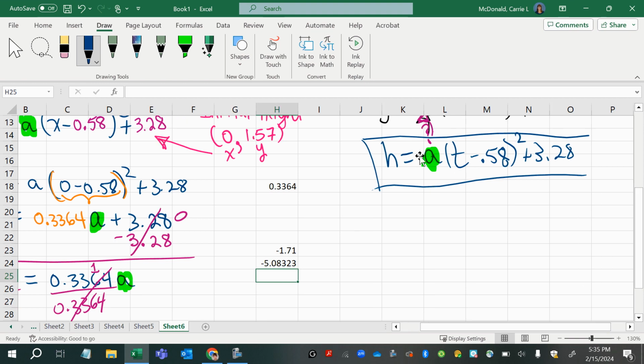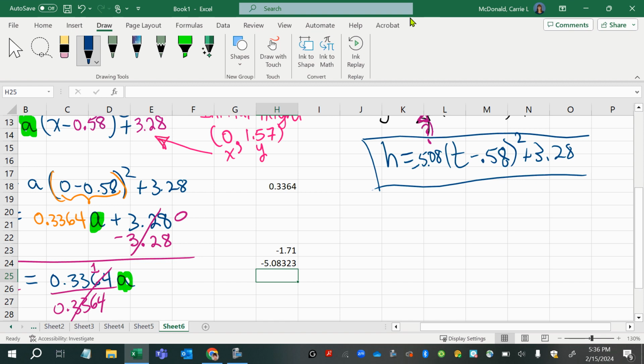Right, so here's my final answer. h equals a times quantity, t minus 0.58 quantity squared plus 3.28. So all I'm doing is instead of writing the a, I'm going to change that to negative 5.08.